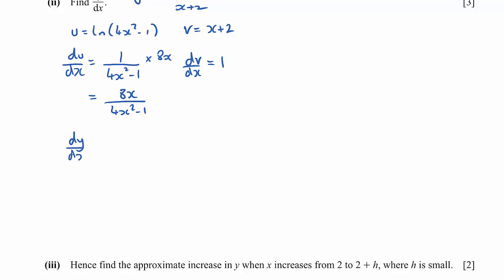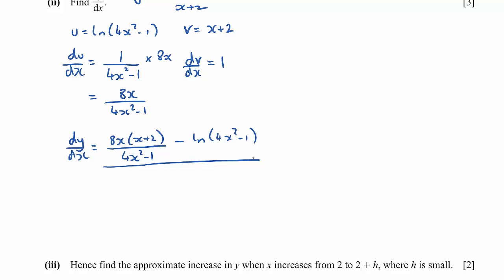Then dy/dx is v times du/dx. So that's 8x(x plus 2) over 4x squared take 1, take away u dv/dx, so that's ln(4x squared take 1), all over (x plus 2) all squared.